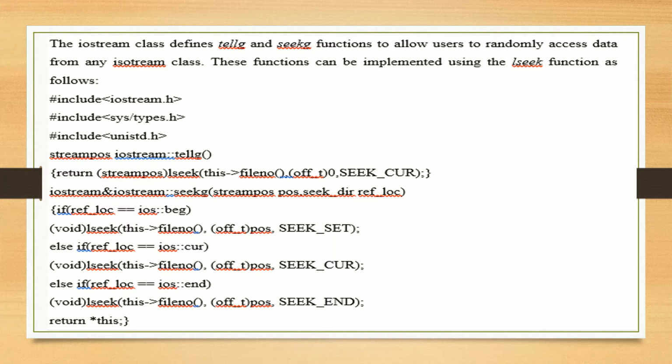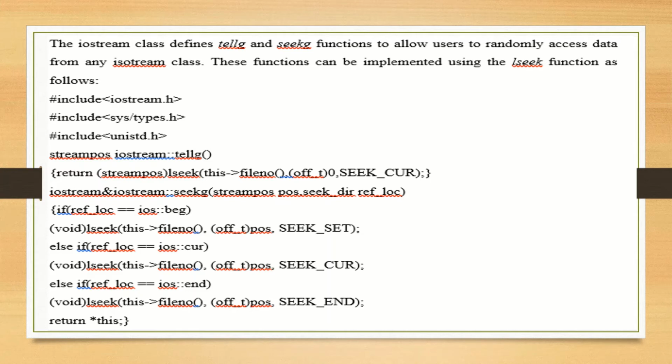The given program includes iostream.h, sys/types.h, then unistd.h, then comes the function call with the scope resolution operator, a tellg function call. The stream pos return type with the iostream class, tellg is the function that returns stream pos with lseek.